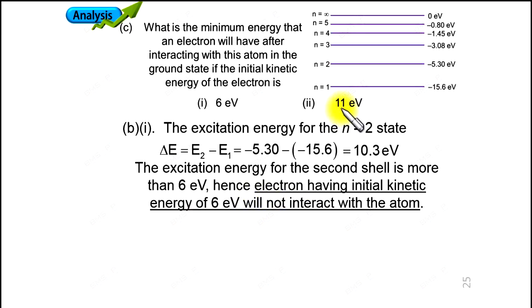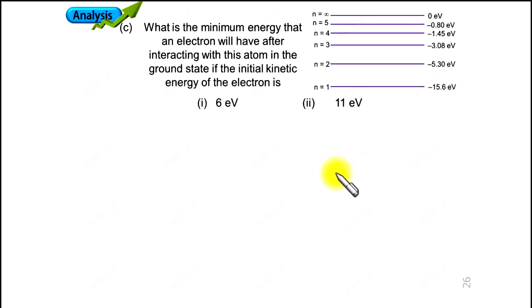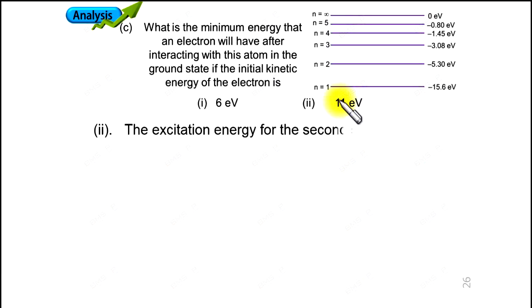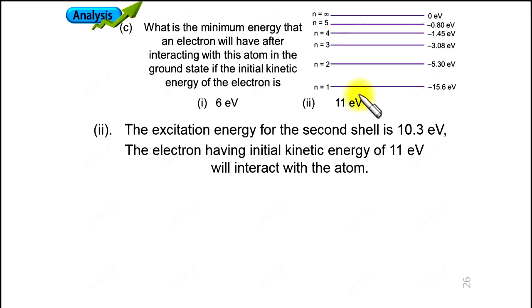Now, move to the second part of the question. In the second part, energy is 11 electron volt, and we have calculated the excitation energy for the second shell is 10.3 electron volt, and we have 11 electron volt. That means this electron can interact with the atom, right. This electron is going to interact with the atom, and what will happen?